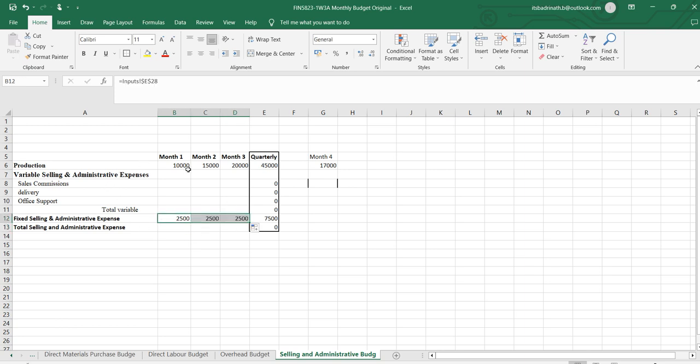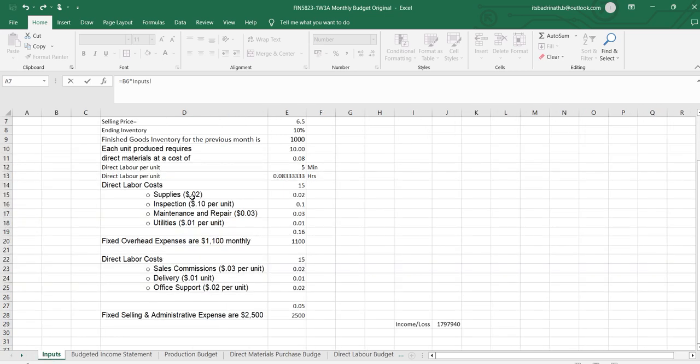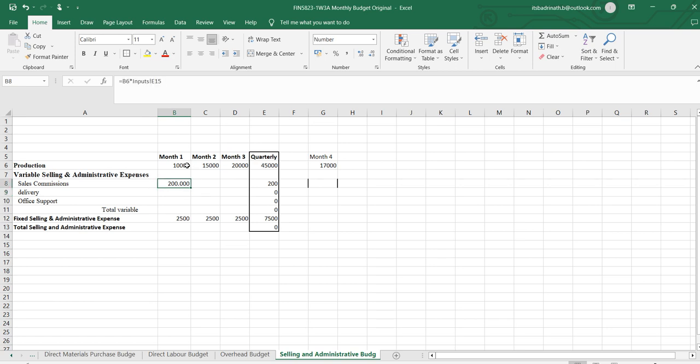Among variable expenses, there are three types: sales commissions, delivery, and office expenses. This is the total variable expense. So now let us calculate this one. It will be based on the number of units, so 10,000 units times the cost of sales commission. For selling each unit, it is 0.03 per unit. So for selling 10,000 units, it costs 300.